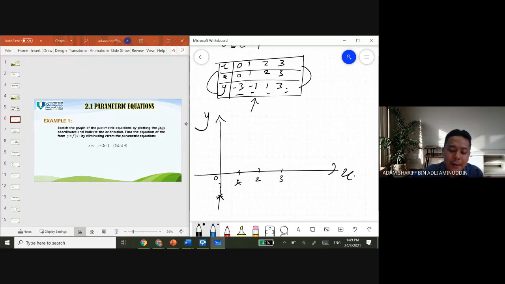When it's 2, it's 1. And when it's 3, it's 3 here. So it will be a straight line. Yang kena lah kamu lukis bagi kena. Okay, so this is a straight line. So this method again, I mentioned this is a plotting method. So actually this parametric equation is a straight line.